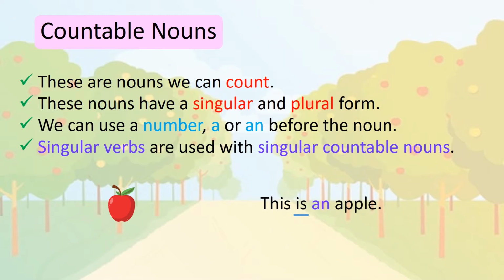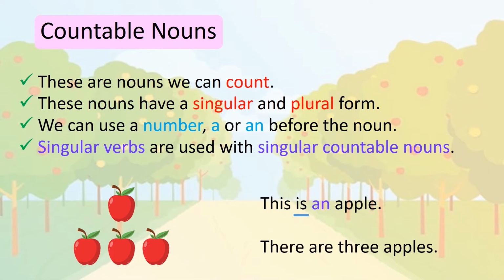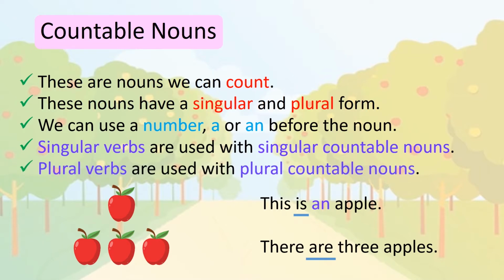Instead, we can state the number. For example, there are 3 apples. In this sentence, we use the plural verb are. This is another rule of countable nouns. Plural verbs are used with plural countable nouns.